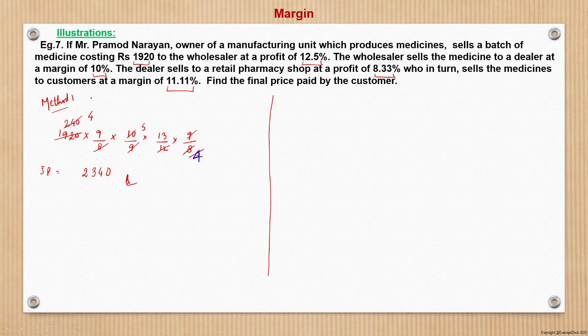So 25 into 117 is 2925. So essentially this will be nothing but 5. Now it is correct, right? So 2925. So this is the selling price.